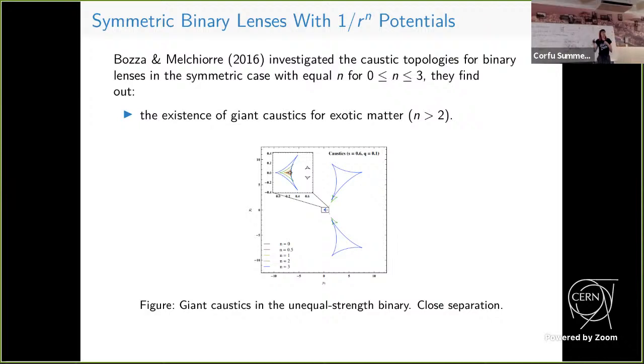So 2 black holes, 2 neutron stars, 2 wormholes, so a perfect symmetric system. This is one example of caustics for exotic matter, so in the case for n greater than 2. And this is an example in the close separation, and we can see the existence of giant caustics that are the blue ones in this example.